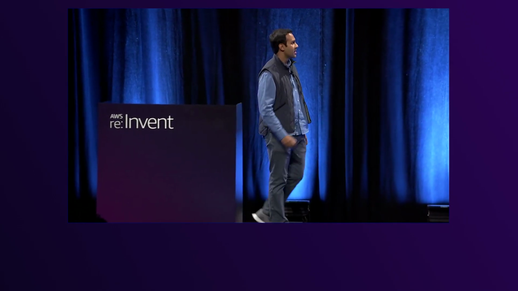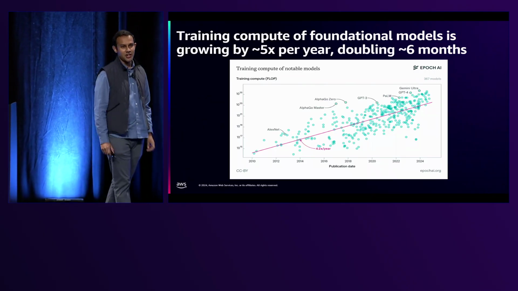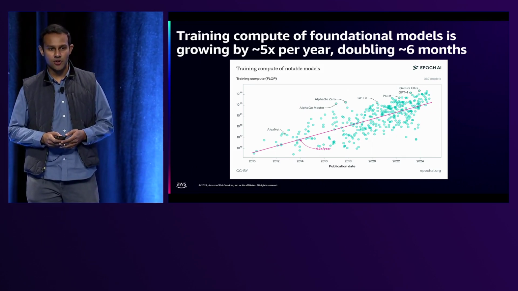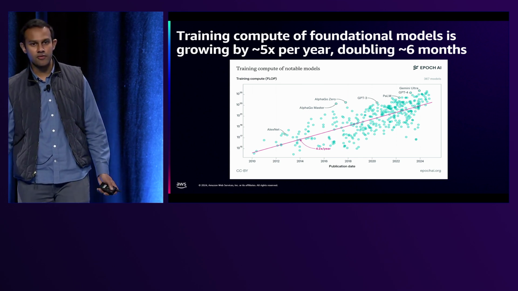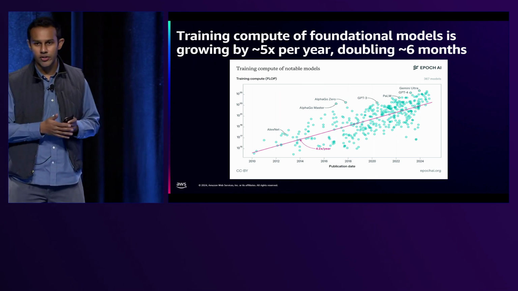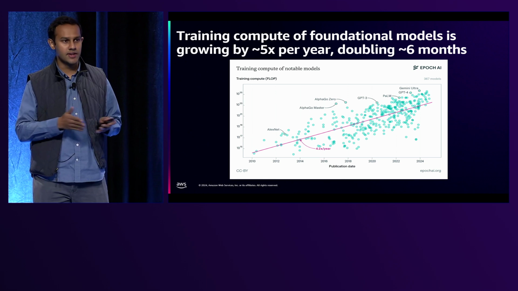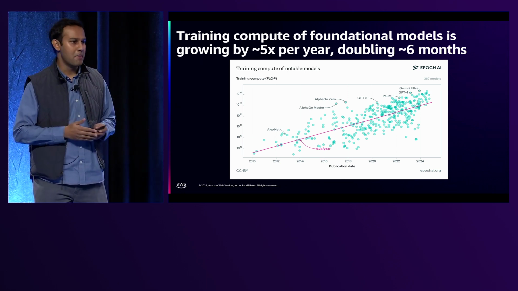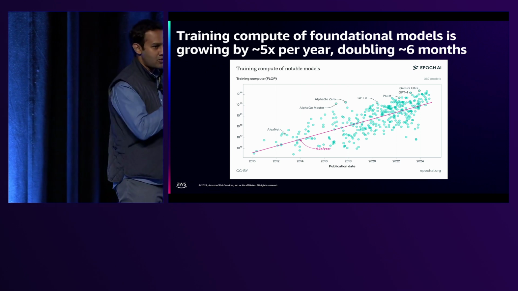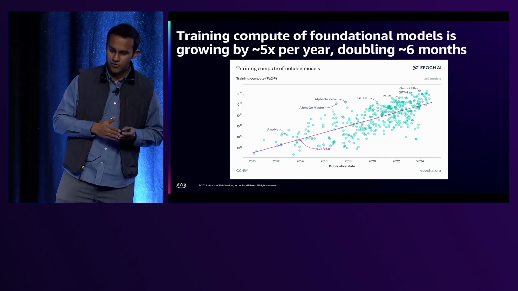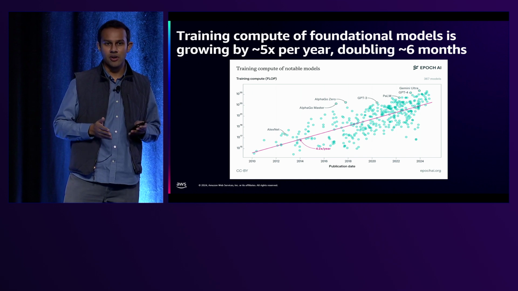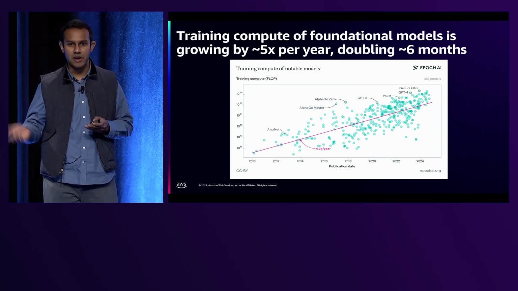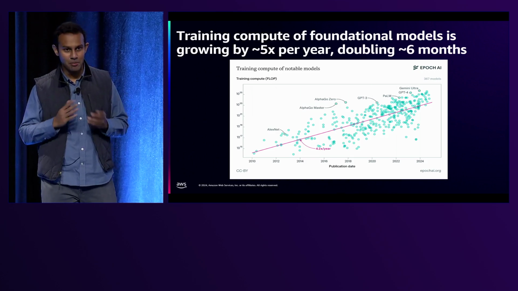So when thinking about why you're here, I'm going to start with this. This chart is data from Epoch AI, which is essentially a non-profit that tracks development in the foundational model space. If you look at data going back from 2010 right up to where we are today, the amount of training compute for foundational models is growing between 4 to 5 times a year, which means that every 6 months, the amount of compute is essentially doubling.